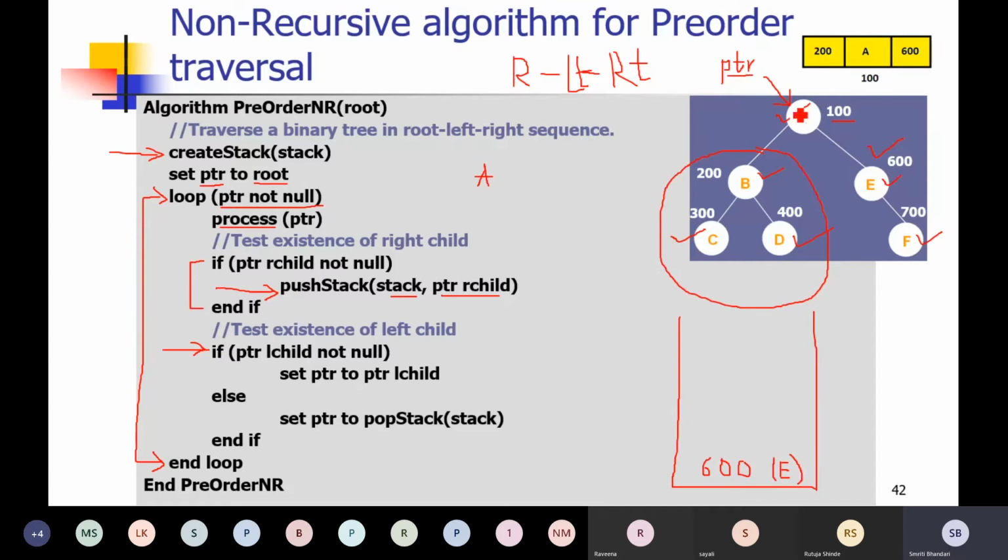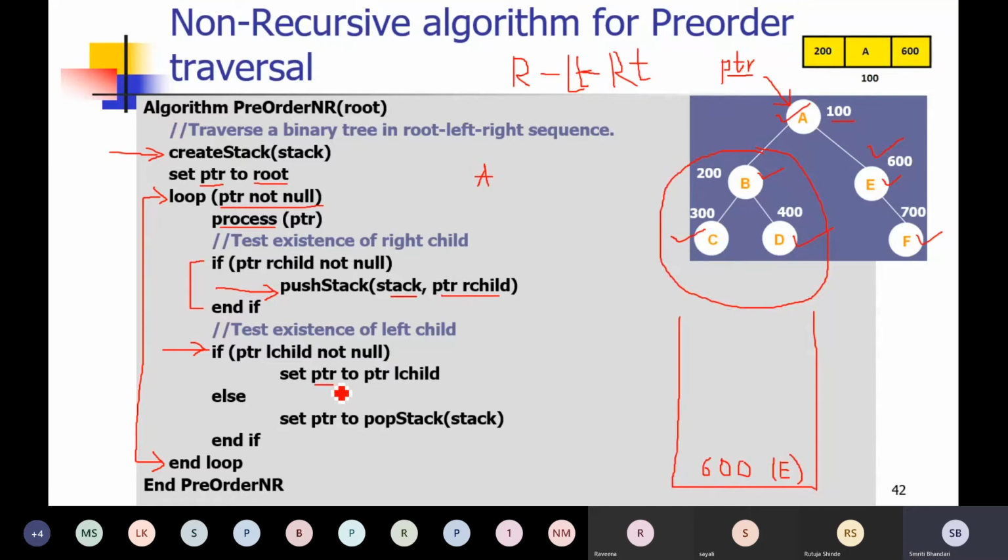If it is not null, meaning there is a left subtree present, then I am going to update my pointer PTR such that it will now point to this left child. The left child's address is 200.